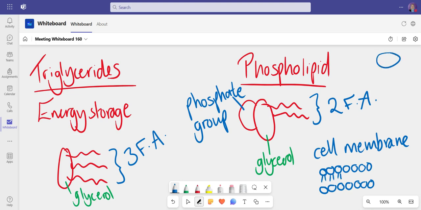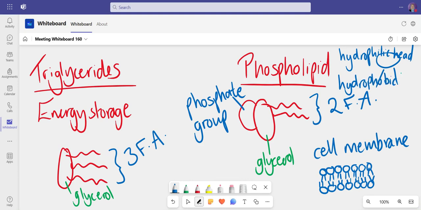So we usually simplify a phospholipid to this structure. And we say that it's got a hydrophilic head and a hydrophobic tail. So the head is attracted to water, hydrophilic, the tails repel water, hydrophobic. So we've got a hydrophilic head, which is the phosphate part, and we've got hydrophobic, which means repels water, tail, which is the 2 hydrocarbon chains sticking out.